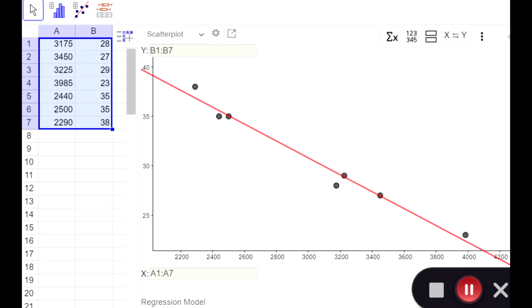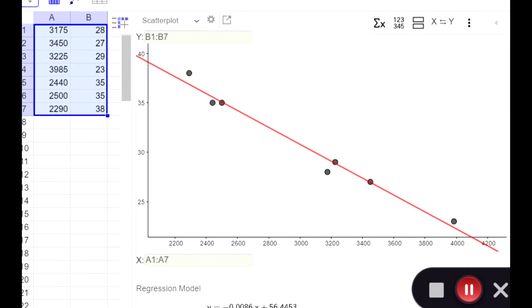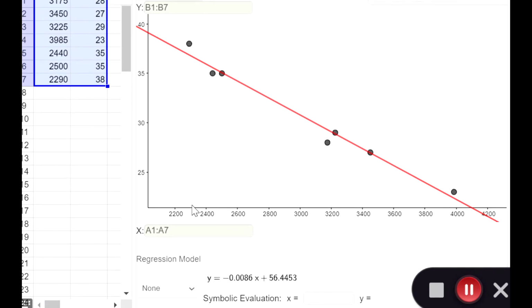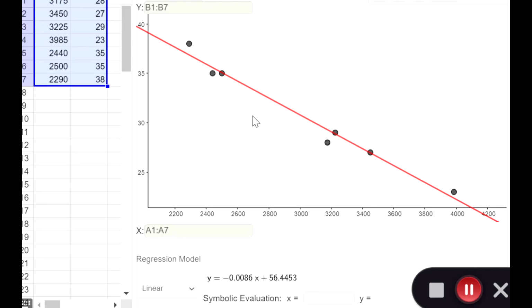And this is just the scatter plot that we had in your lecture notes. At the bottom, you can go through and say, I want a linear regression model if there's no line there, and it will make that. And you can see down here that we have our regression equation. Okay.